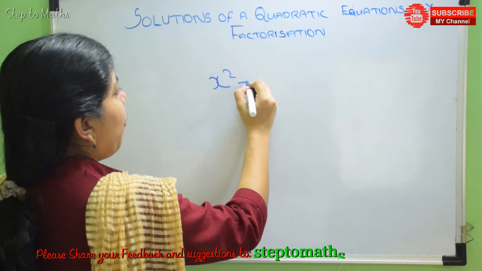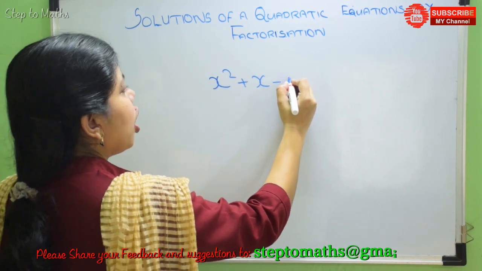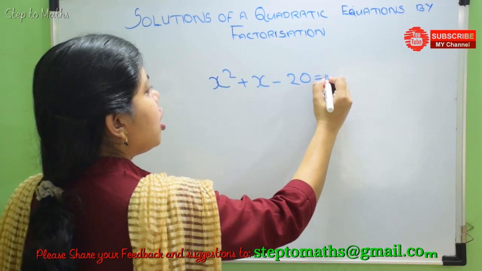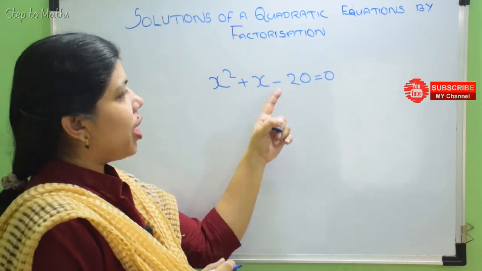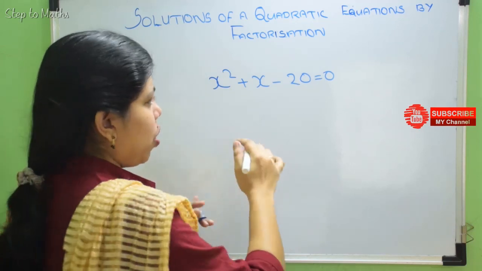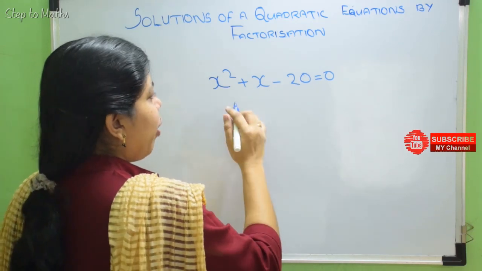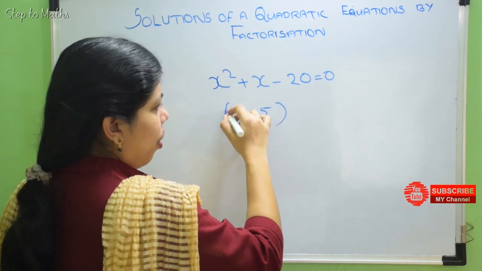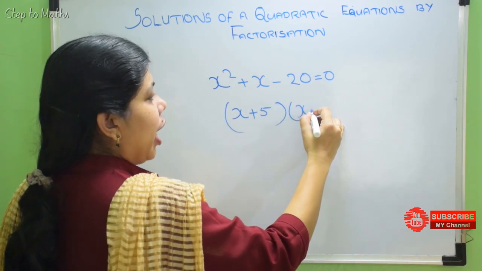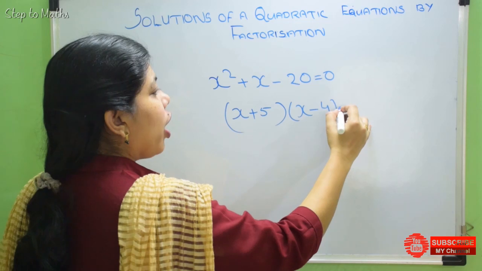x square plus x minus 20 is equal to 0. This is a quadratic equation. How to factorize it?